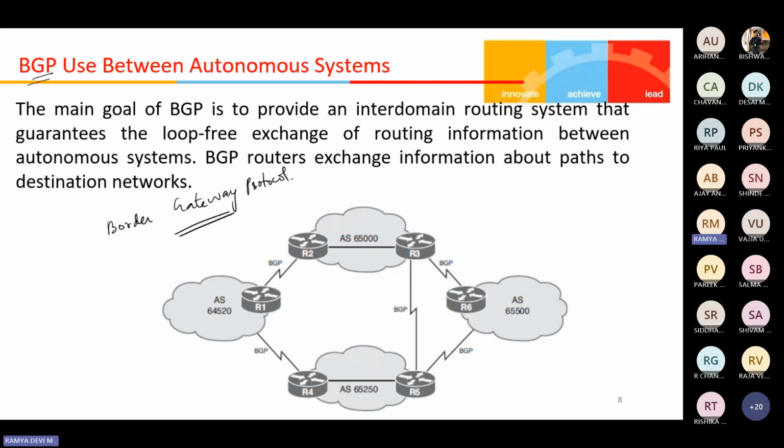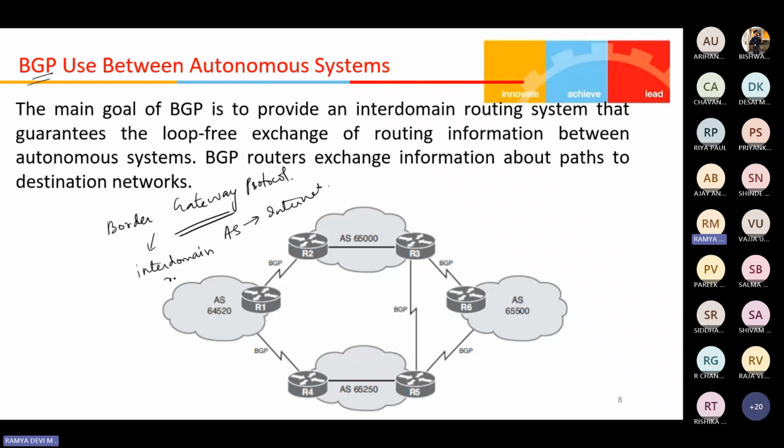Okay. So it is a routing protocol, which is used to exchange the routing information between the autonomous systems, especially on the internet. Okay. So we'll be classifying the routing into two types, right? So inter-domain routing and intra-domain routing. So it comes under inter-domain routing.